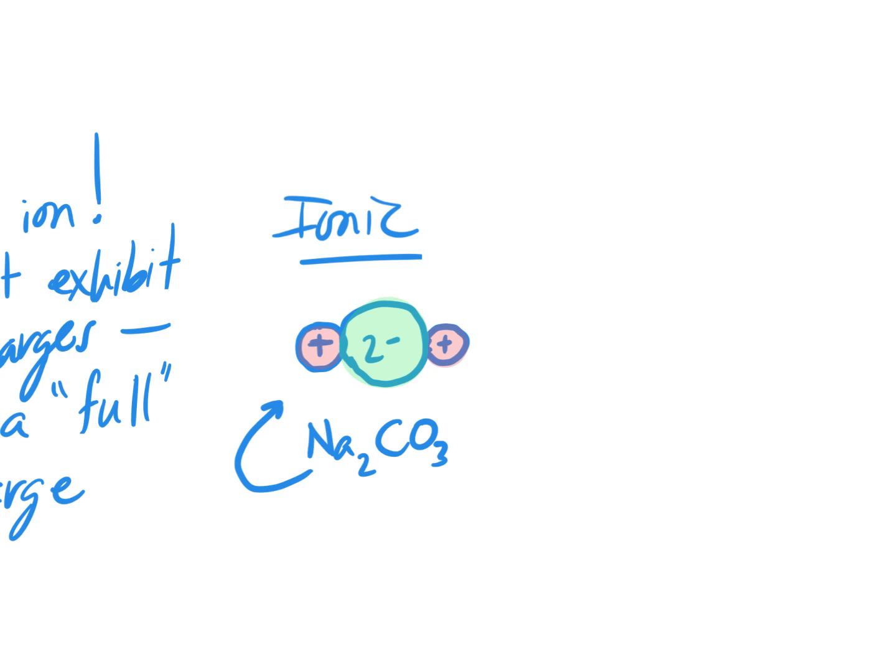There would be a very strong pull here between the positive charged sodium ion and the two negatively charged carbonate ion, right? So there's a strong attraction here and a strong attraction there. This is a stronger attraction than a dipole-dipole attraction. This is a full positive charge and a full 2 minus charge and a full positive charge, not partial, okay? So again, very strong interaction between these ions, all right?